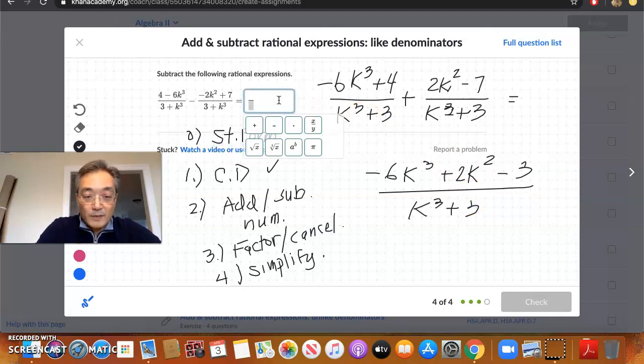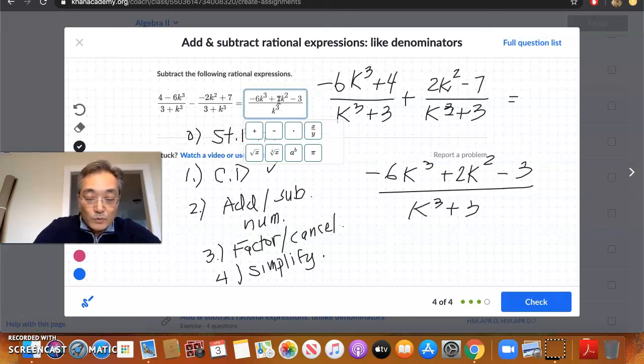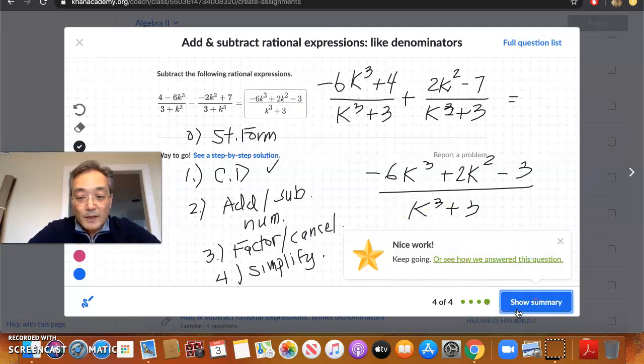Again, the division sign in first, negative 6k cubed plus 2k squared minus 3 all over k cubed plus 3. And if we did everything correctly, it should be all right. And that is correct. Okay, guys? All right.